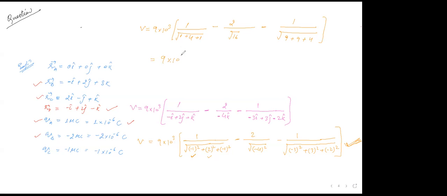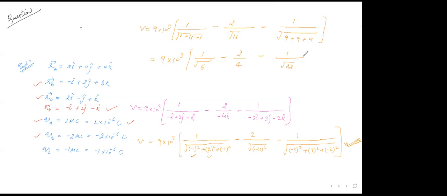Similarly, again, you get 9 into 10 raised to the power 3. 1 over, this is your root of 1 plus 4 plus 1. This is your root of 6. Minus 2 over root of 16 can be taken outside. From the root, you get 4. Minus 1 over 9 and 9, 18, 18 and 4. This is your 22.